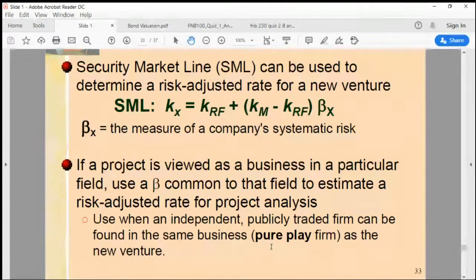Among all the companies listed in the Nasdaq, S&P 500 or Dow Jones, can you find any company that is a pure play firm?